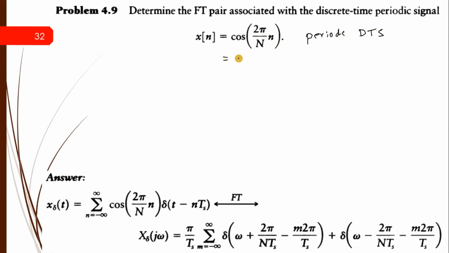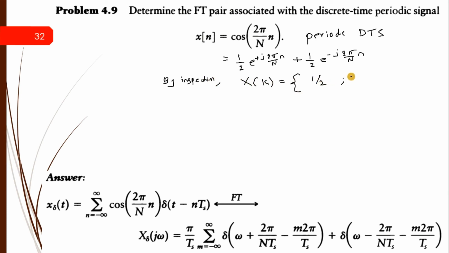To apply DTFS, it's very easy: 1 by 2 e raised to plus j 2 pi by N n, plus 1 by 2 e raised to minus j 2 pi by N n. So we can write it here by inspection. By inspection, we can as well write x of k as 1 by 2 for k is equal to plus or minus 1 and 0 otherwise. So we can write all those things.